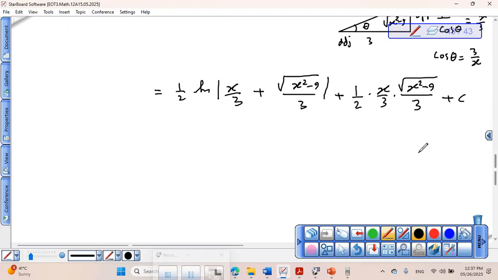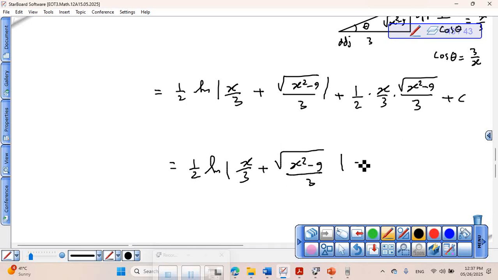The final answer is half ln of the absolute value of x over 3 plus radical x squared minus 9 over 3, plus x over 18, because 9 times 2 is 18, times radical x squared minus 9, plus c. This is the answer.